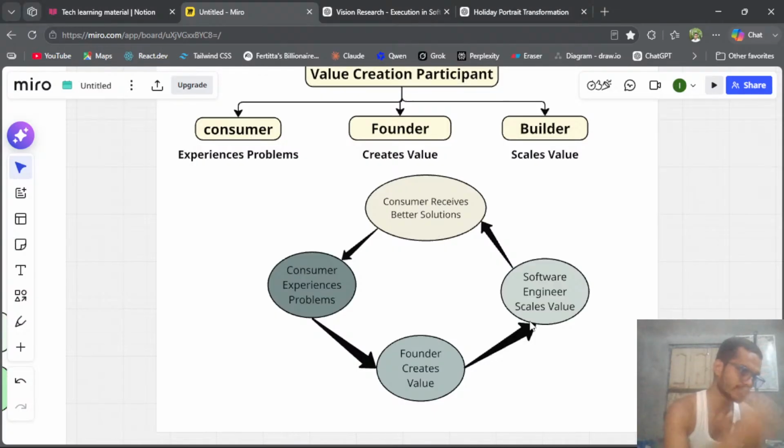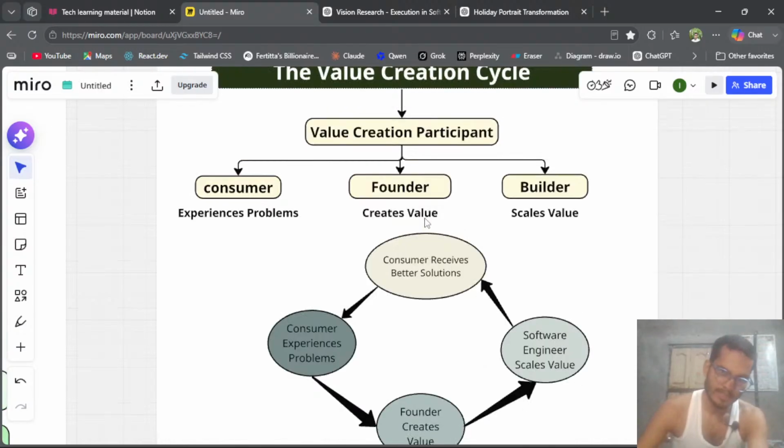Physically, it's very hard to scale rapidly, but with technology, from day one you can launch your company, your software, and everybody can install it, and maybe visit your website, whatever it is. So from day one there is a chance to scale. Then again the consumer receives a better solution, guys. This term is very important: better solution. When you launch, not only can you launch your company, thousands of people are working on the same idea.